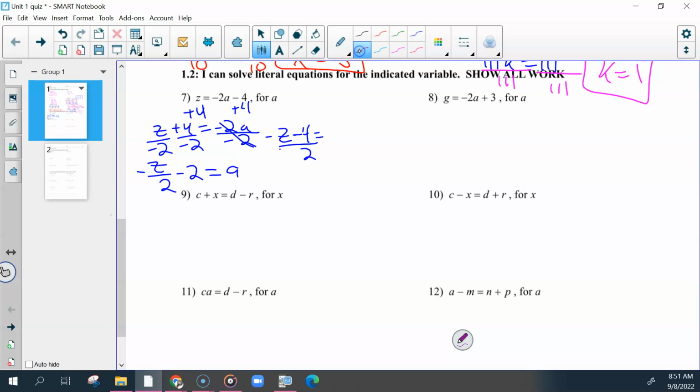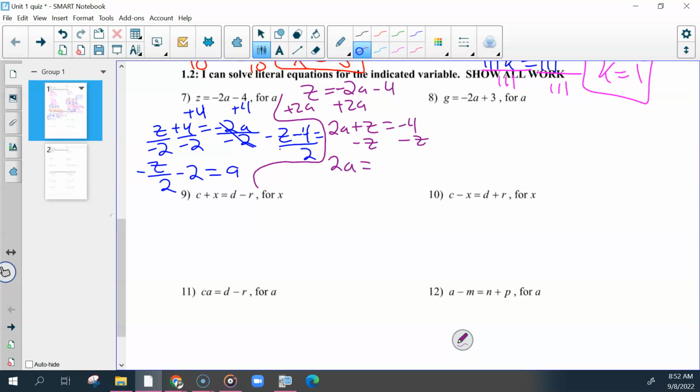If you did it the other way, where we added 2a to the other side, we have 2a plus z. Then you have to move z back.